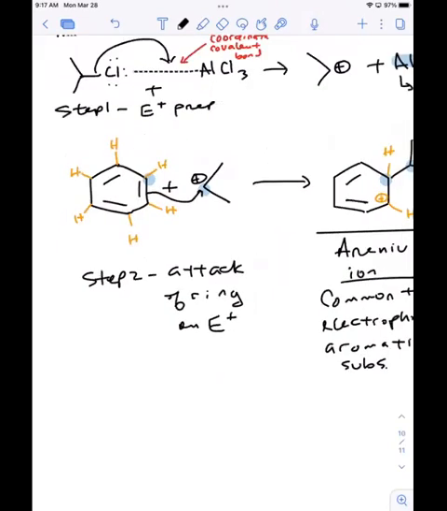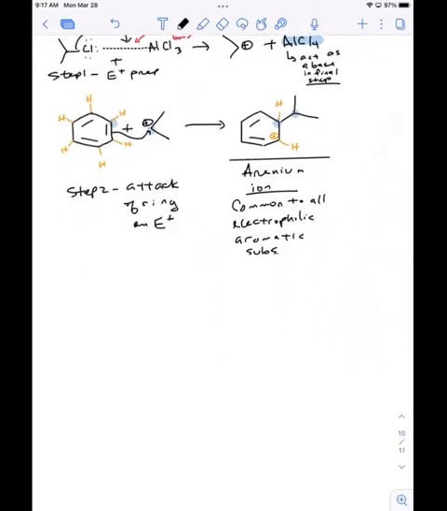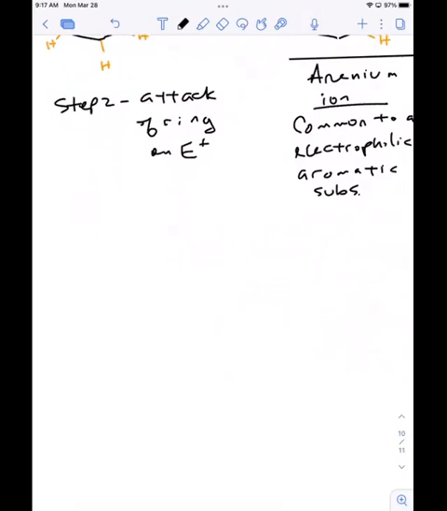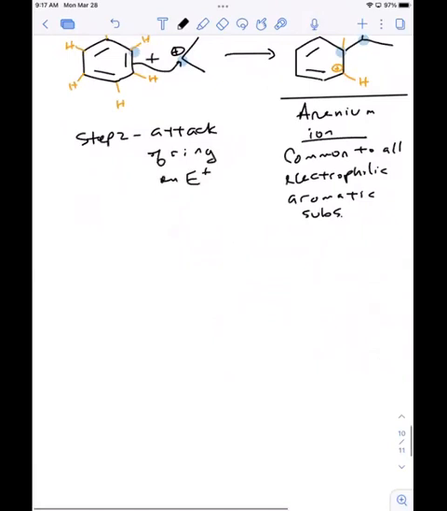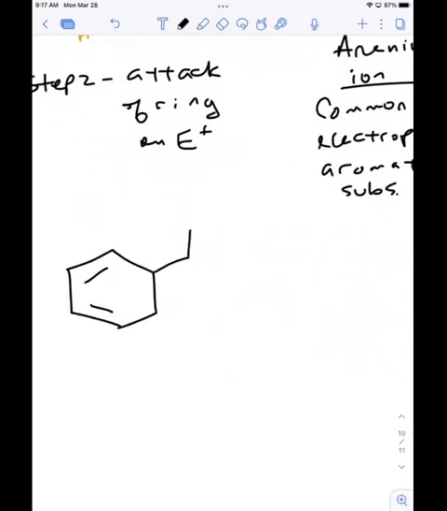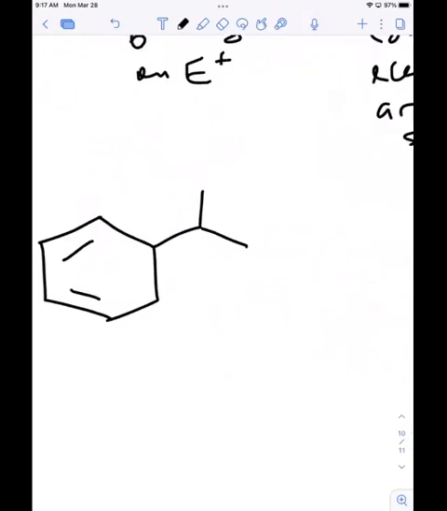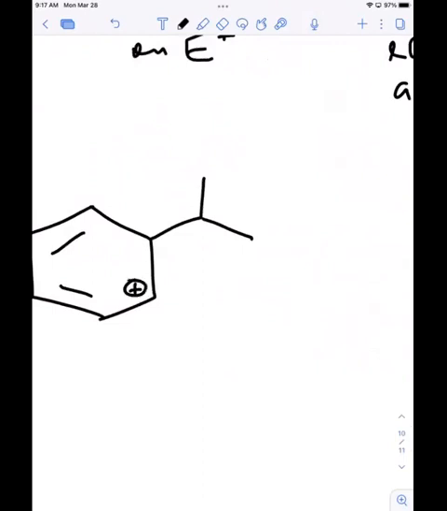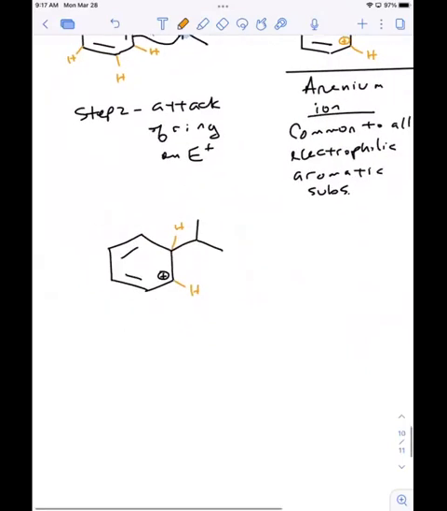And then in the third step, what are we doing? Something new, something groundbreaking? No, it's going to follow the exact same mechanism. Once you add that electrophile, the next step is to bring the harmony of aromaticity back to that ring. How's that going to happen? Are you going to have to add electrons to that positively charged carbon?